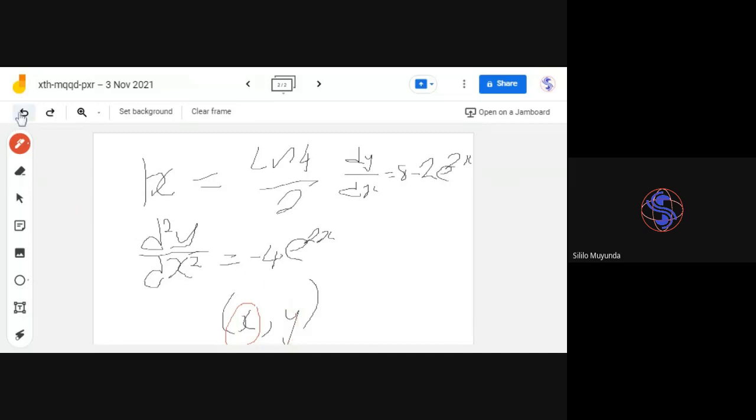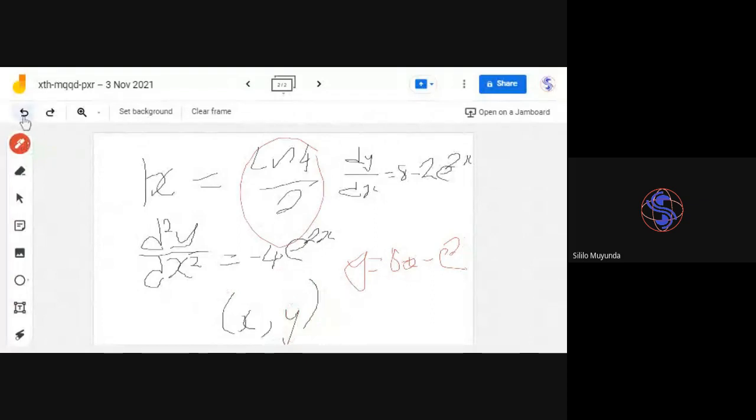So we replace the x value we have already found in the original equation, which was y equals 8x minus e to the power 2x. We get this x value, replace it in this original formula, put it here, and that will be our critical point.